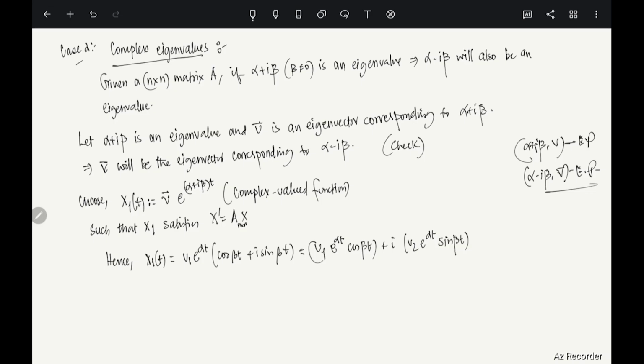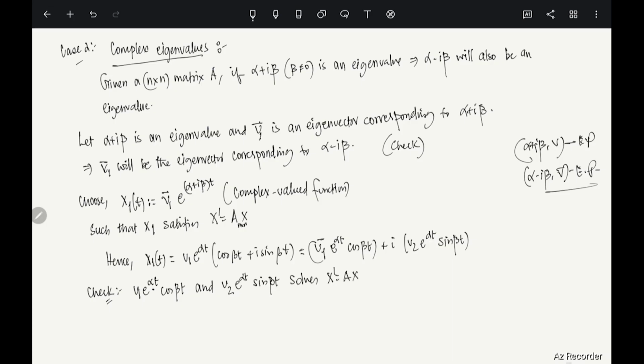Now you can easily check this part. Check that v1 times e power alpha t cosine beta t and v2 e to the power alpha t sine beta t solve x prime equals to ax.